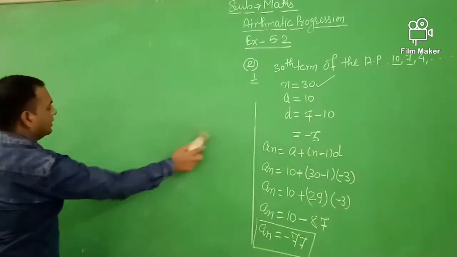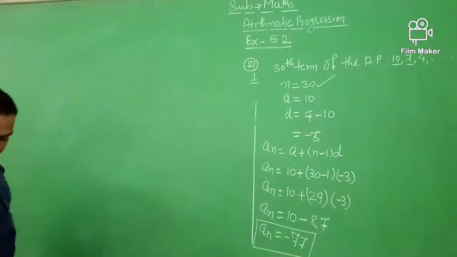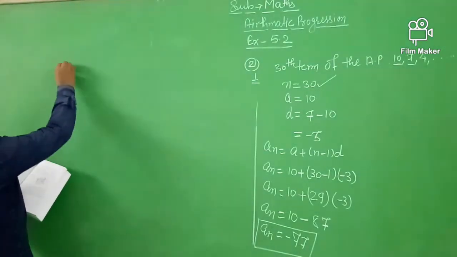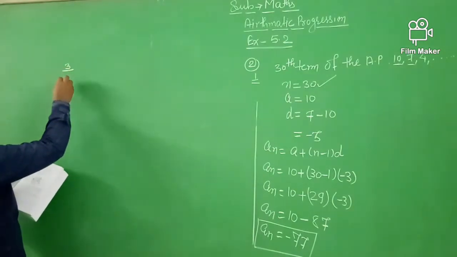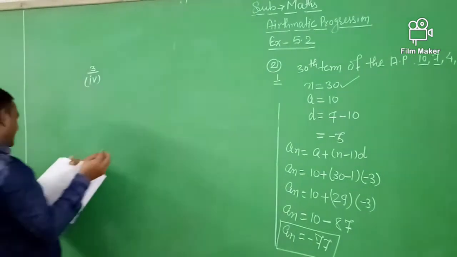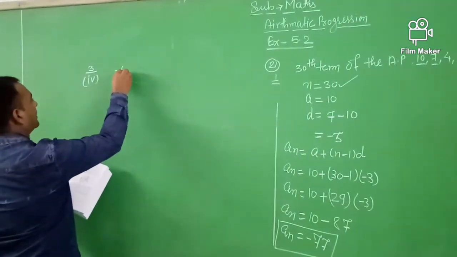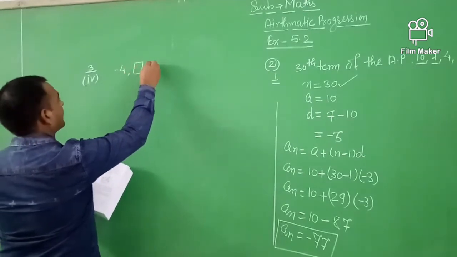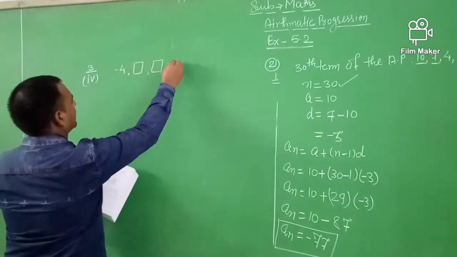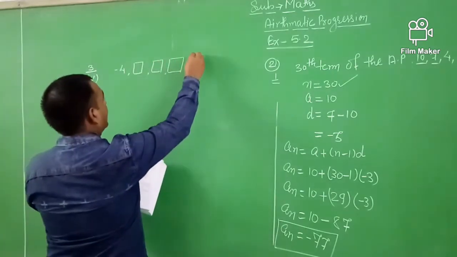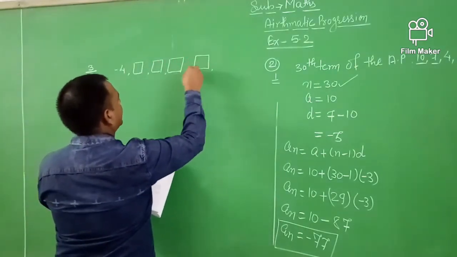All of you see here, question number three, part four: minus 4, box, box, box, and then 6.